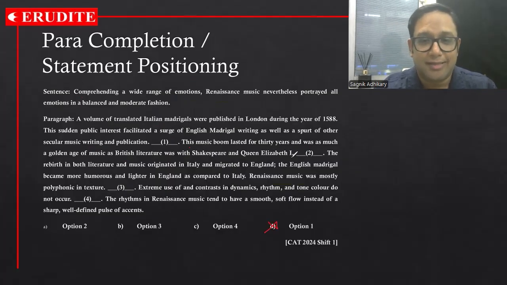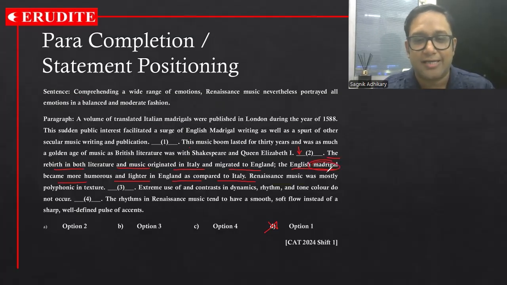Then after this sentence, we have blank 2, the second blank. The statement after that says, the rebirth in both literature and music originated in Italy, migrated to England. The English madrigal became more humorous and lighter in England as compared to Italy. Yet again, we see that all of this is first connected with the idea given in the statements before this. It is still talking about the madrigal.